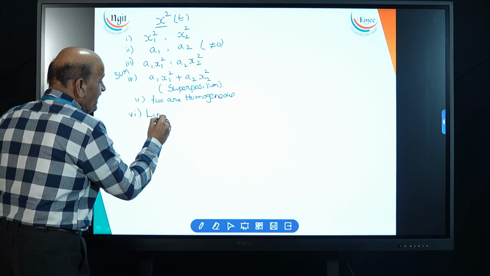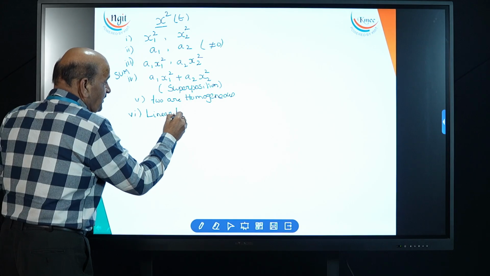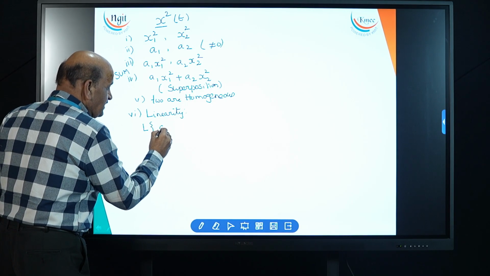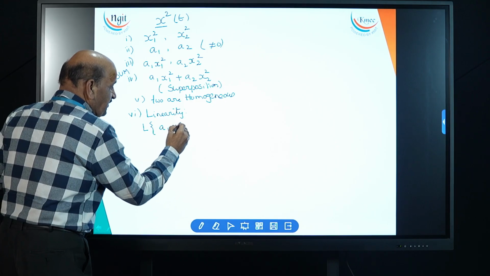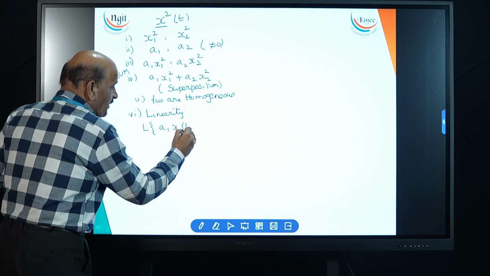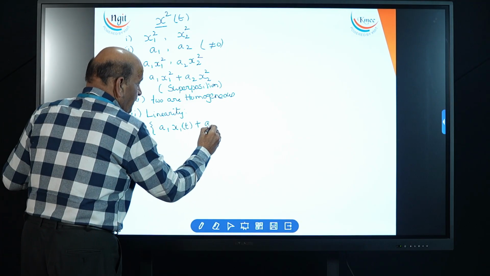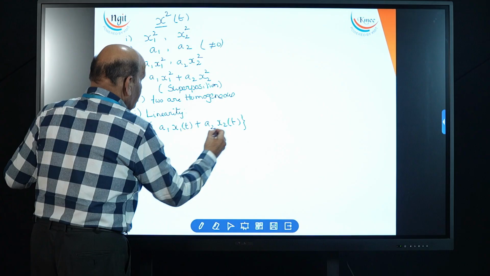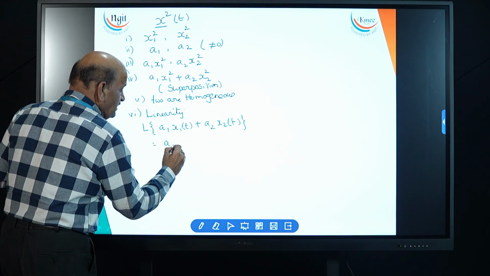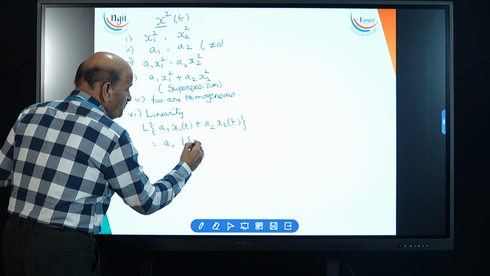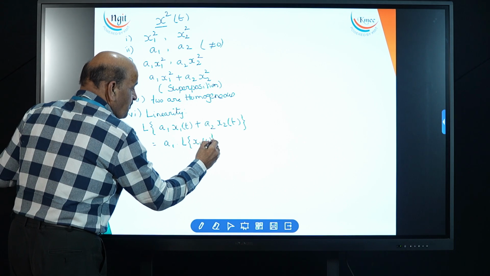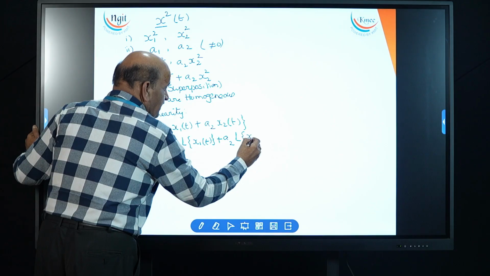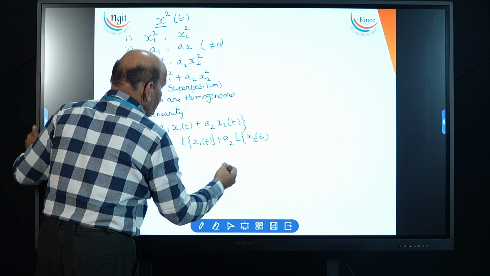Now the next condition is the linearity principle. That means we have to show that L of a1 x1 of t plus a2 x2 of t is equal to a1 times L of x1 of t plus a2 times L of x2 of t. This condition we have to satisfy.